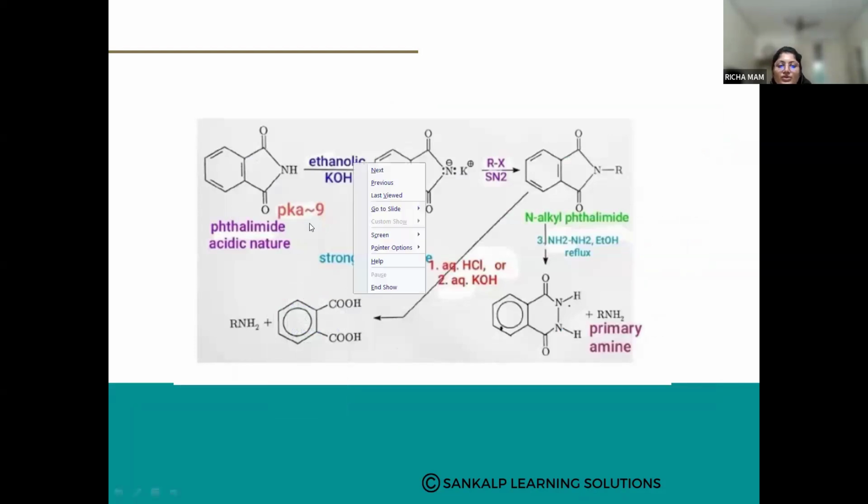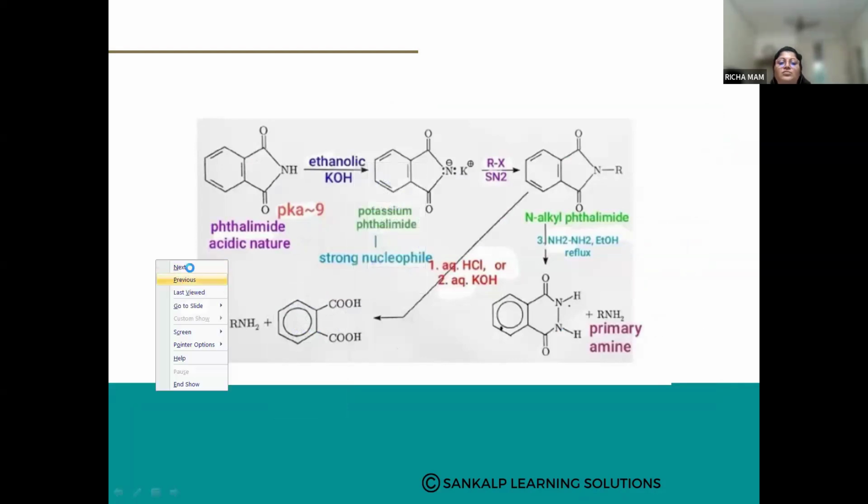Let us go for the next one. So here you can see they have taken phthalimide. This phthalimide is reacted with ethanolic KOH, and I get potassium phthalimide, the salt of phthalimide. This reacts with alkyl halide, and I get N-alkyl phthalimide.